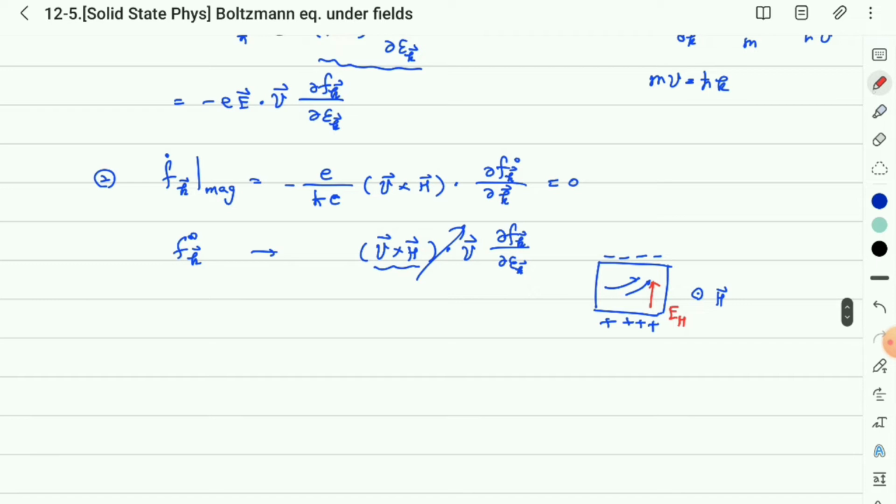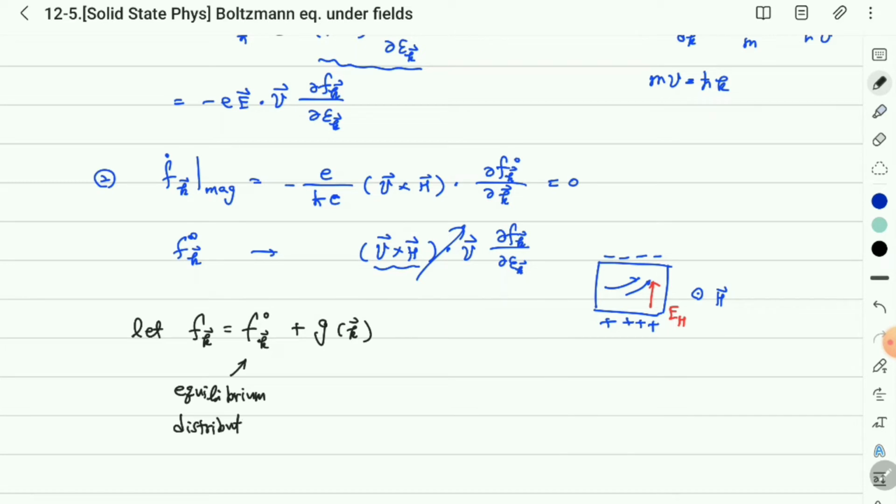Therefore, we should take into account that the distribution function has two parts: one is the equilibrium distribution function, f_k0, and the other is the non-equilibrium distribution function, g_k.